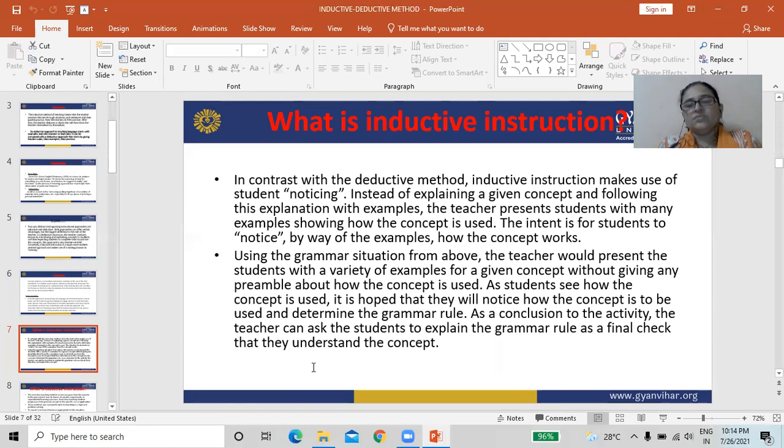The teacher presents students with many examples showing how the concept is used. Then the intent is for the students to notice, by way of the examples, how the concept works.